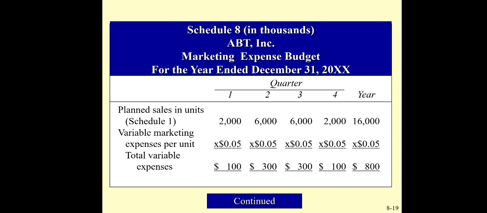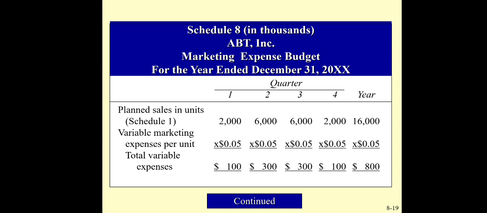Okay, the second item that you have to show in the marketing expense budget is the variable marketing expense per unit. The cost of marketing most of the time can be divided into two types: variable marketing cost and fixed marketing cost. In this budget, the first thing you show is the variable marketing expense.